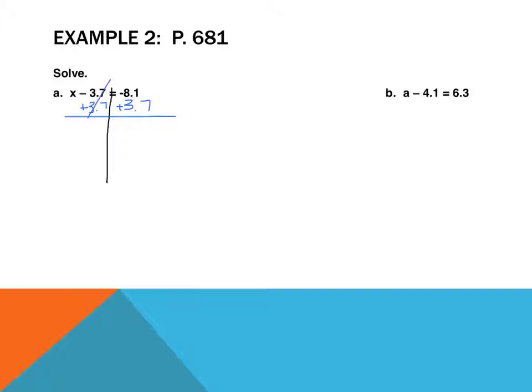Negative and positive cancel, bring down your x, and negative 8.1 and positive 3.7. After I cancel out pairs, I can subtract, and I'm left with negative 4.4.